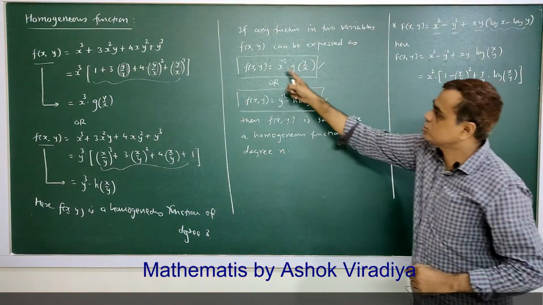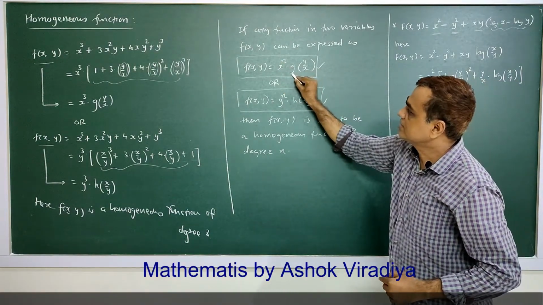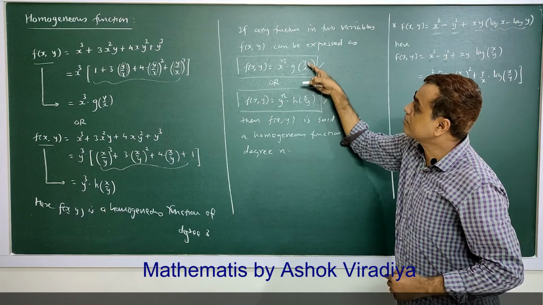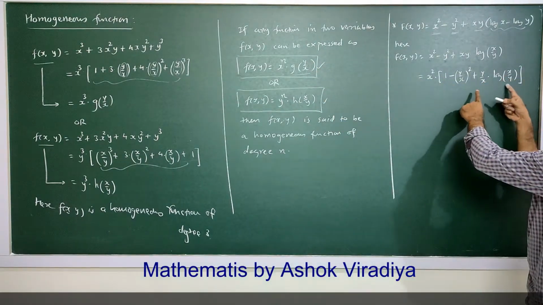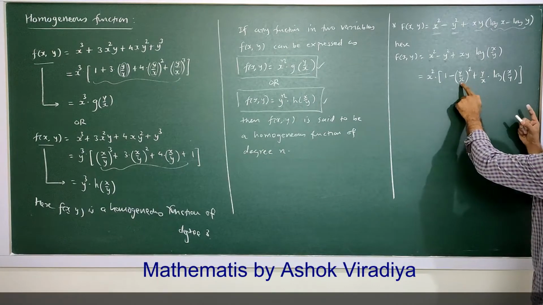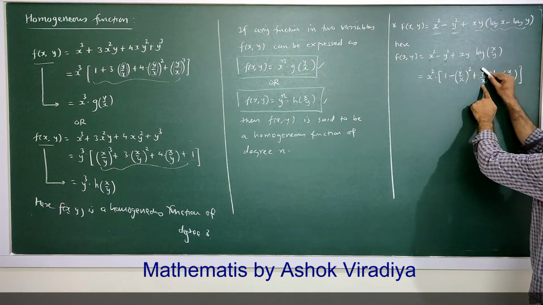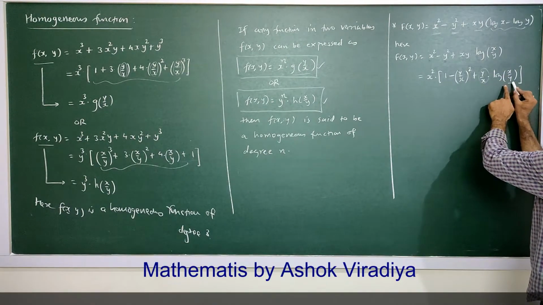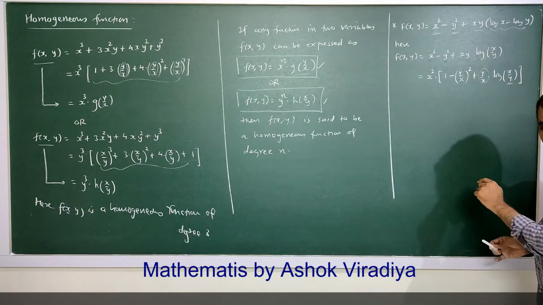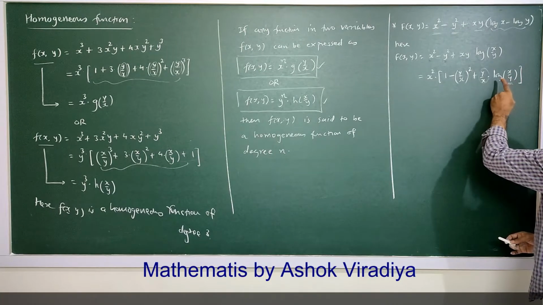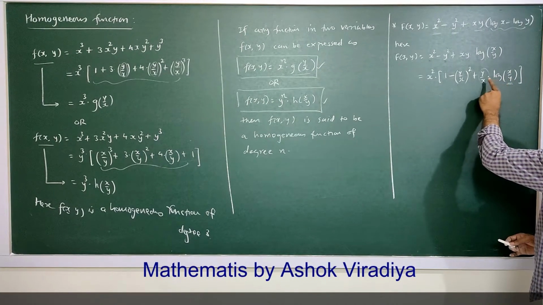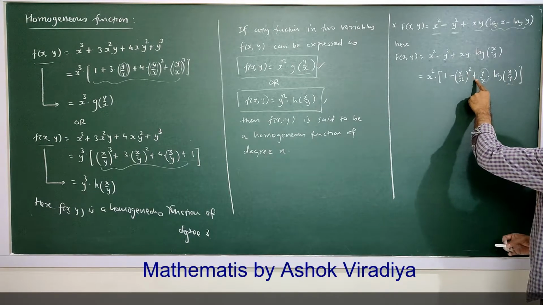When you take x raised to n common, with that you need a function of y by x. So here observe the numbers inside the bracket: this is y by x, this is y by x, so here we should set y by x. So what we do, taking reciprocal inside, because it is a log value, this sign will be changed.